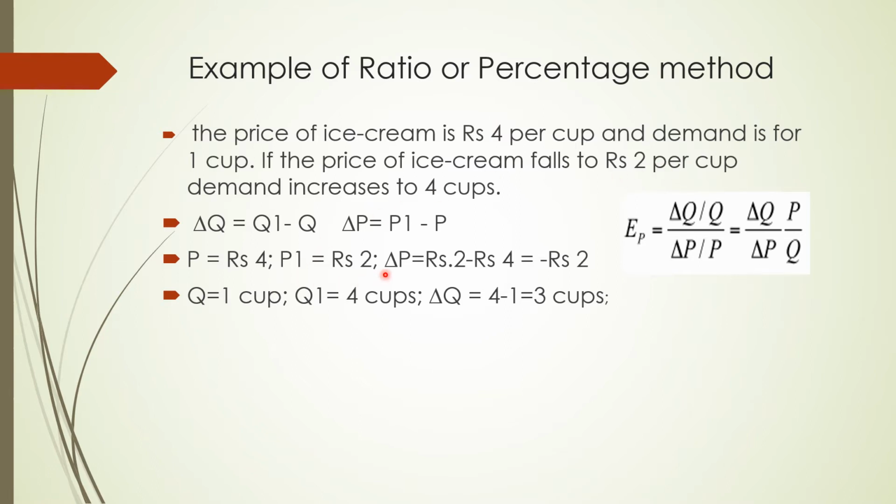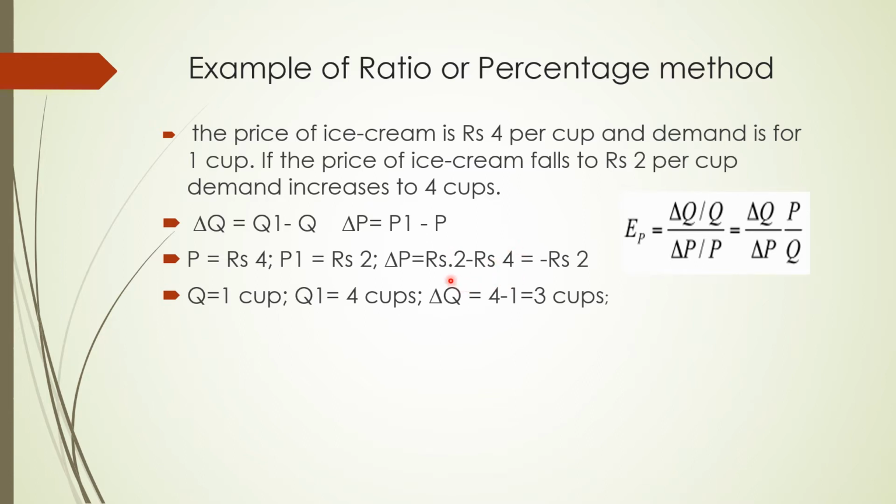And how do you find delta P? It's very easy. P1 minus P. It means changed price minus initial price. So 2 minus 4. Now here also, very important: 2 is a small amount and 4 is a bigger amount.